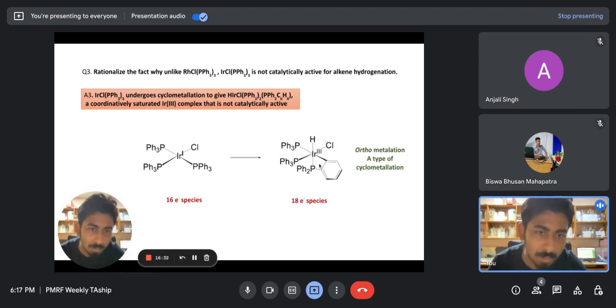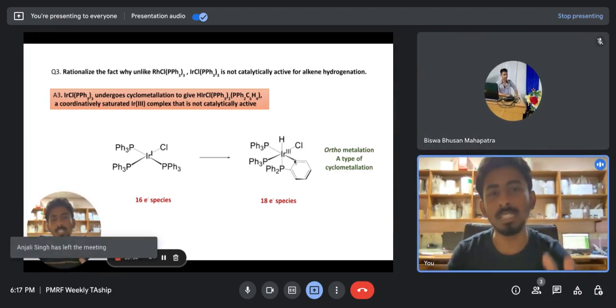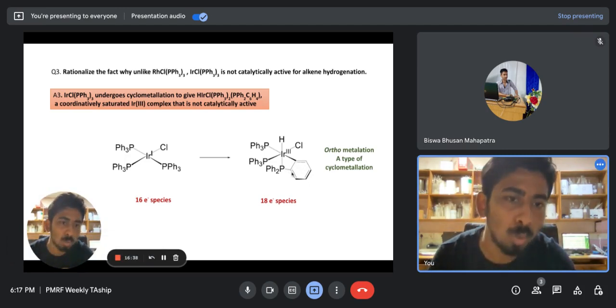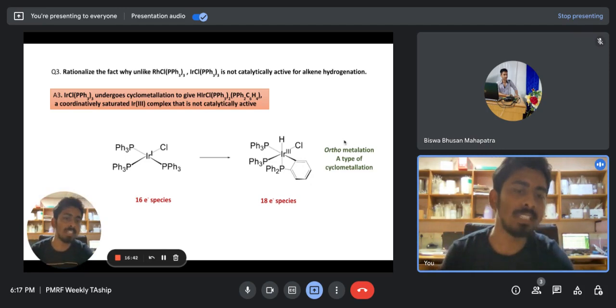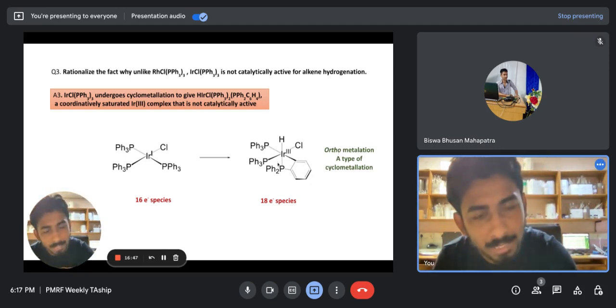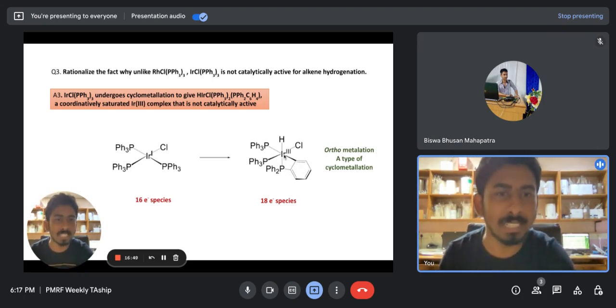You can see this hydrogen and this carbon are also in cis fashion. Since in this case the ortho position of this phenyl group gets bound to the metal, it is called orthometallation.